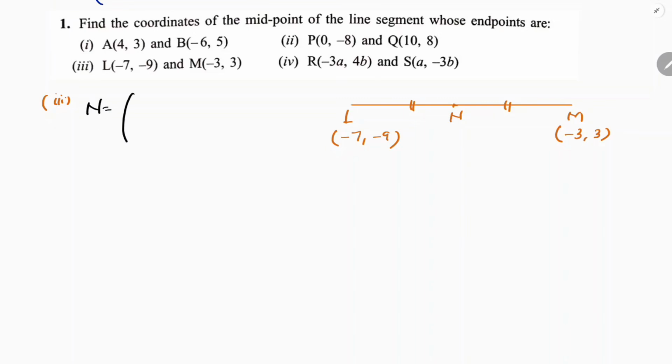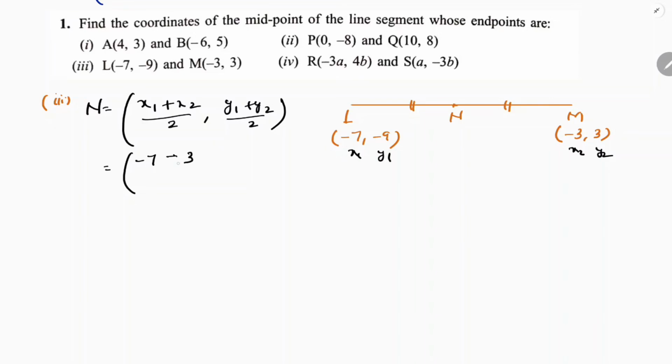So the midpoint formula is x1 plus x2 by 2, y1 plus y2 by 2. Here x1, y1, x2, y2. So x1 is minus 7 plus x2, minus 3, by 2. y1 is minus 9 plus 3 by 2.